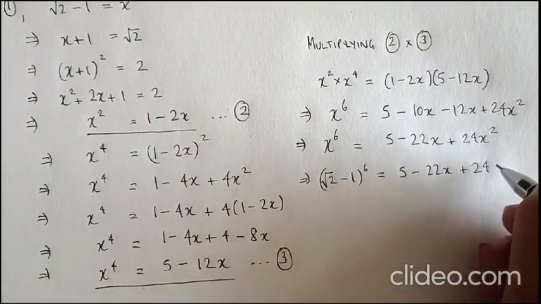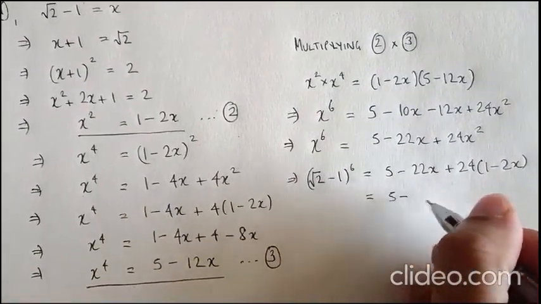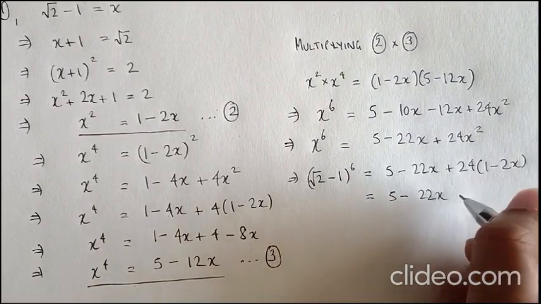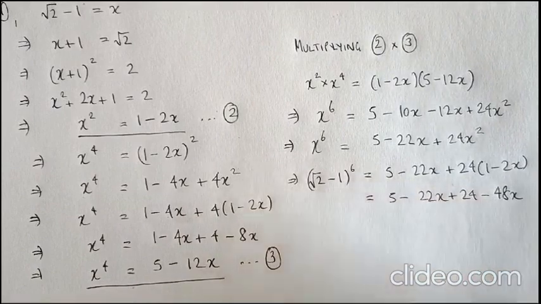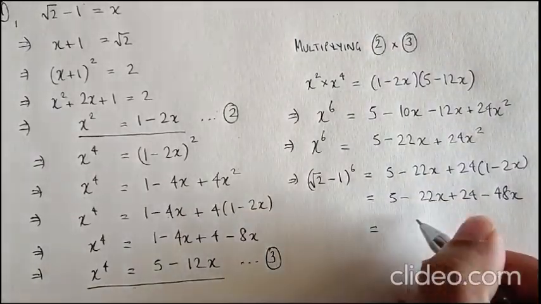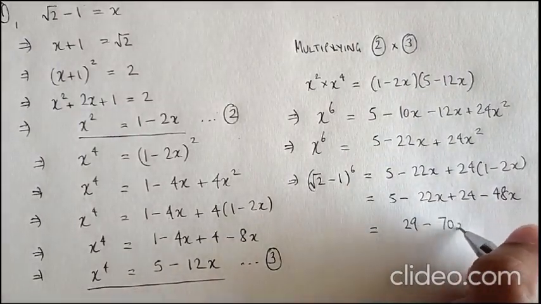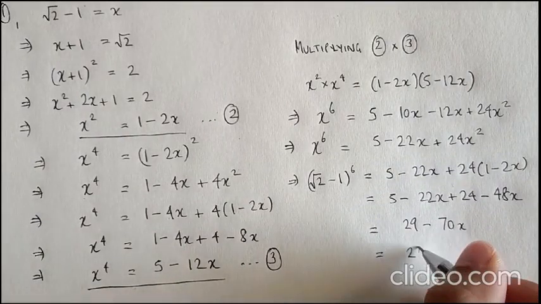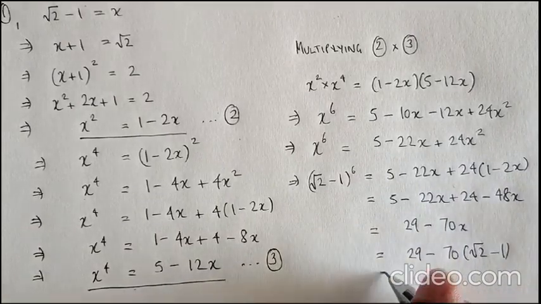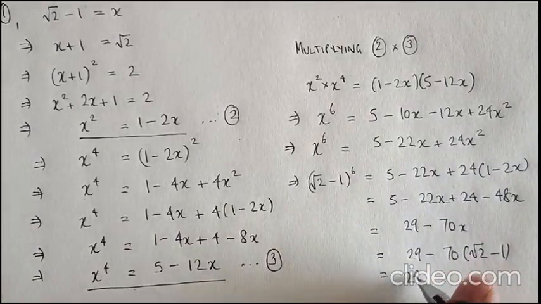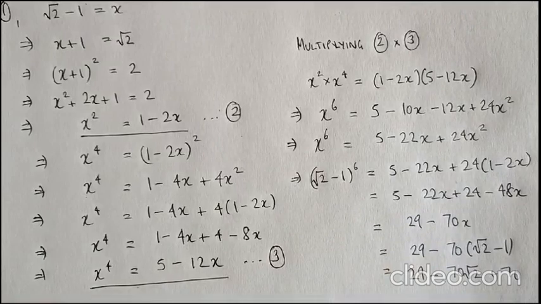So 24 into 1 minus 2x, which is 5 minus 22x plus 24 minus 48x, is equal to 29 minus 70x, is equal to 29 minus 70 into root 2 minus 1, which gives us 29 minus 70 root 2 plus 70.